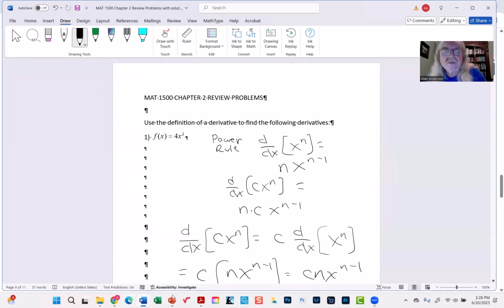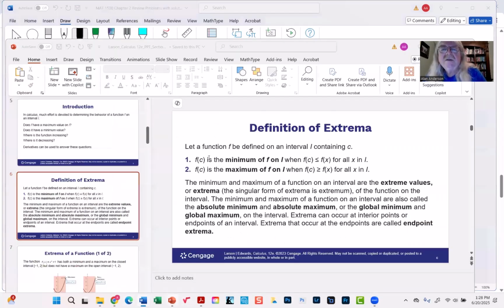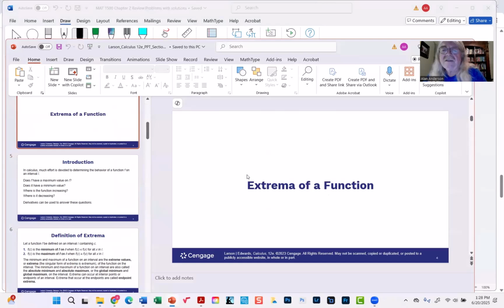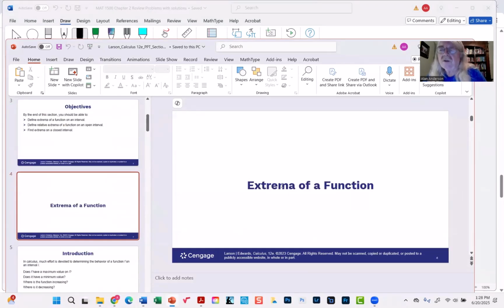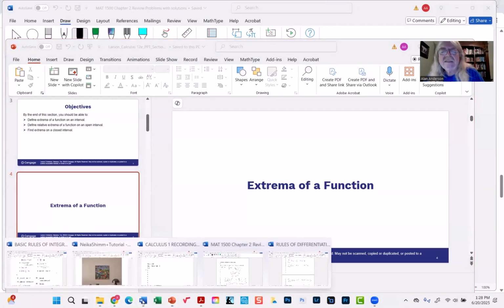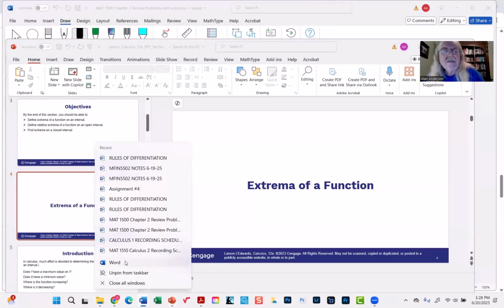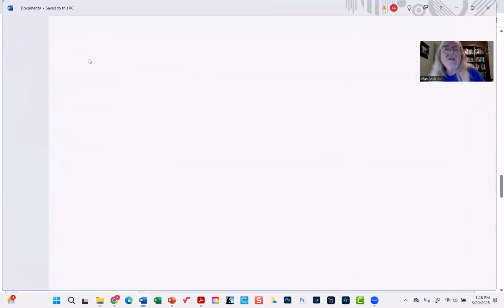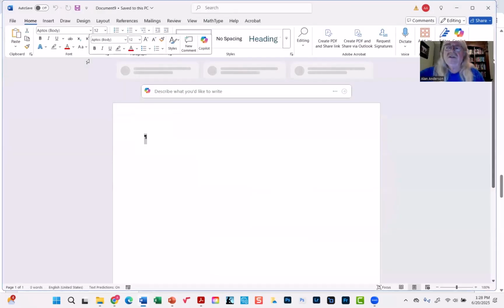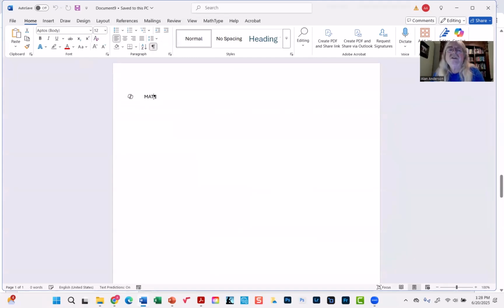So now we can move on to chapter 3, which we just briefly touched on the other day. And I remember we had this discussion about what the word extremum means. An extremum can either be a maximum or a minimum, and the extrema is the plural of extremum. All right. So how do we find them? And by the way, in applied areas, this is a very major topic of discussion.